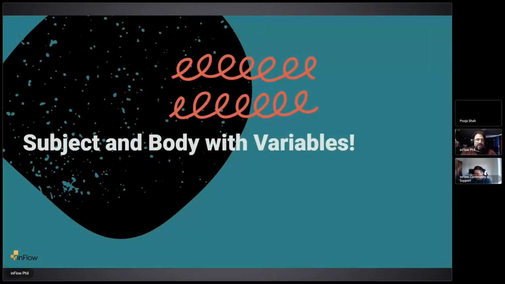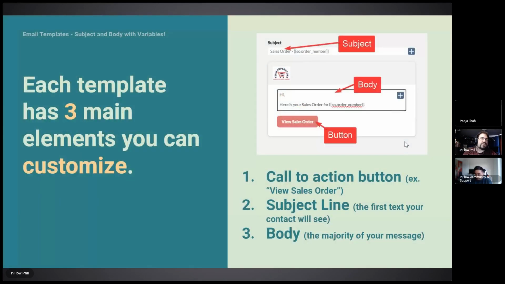Awesome. So we already went over some of the basic customization, which is awesome. So how you can change the color and the look and everything. But the meat and potatoes of the email templates is the actual subject line and the body, which you can customize with something called variables. Each template has the 3 main elements that you can customize again.